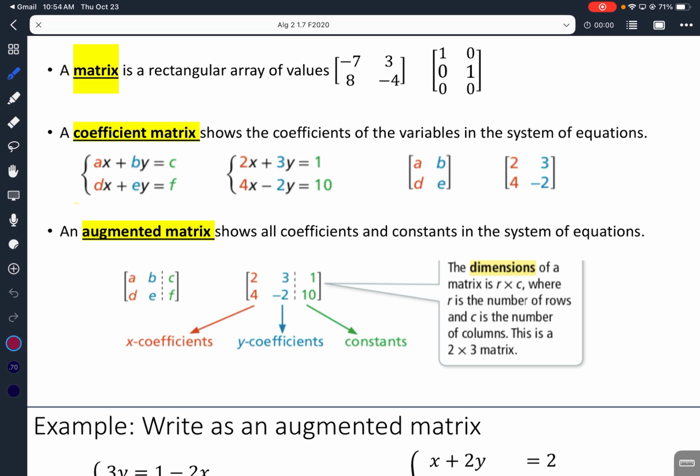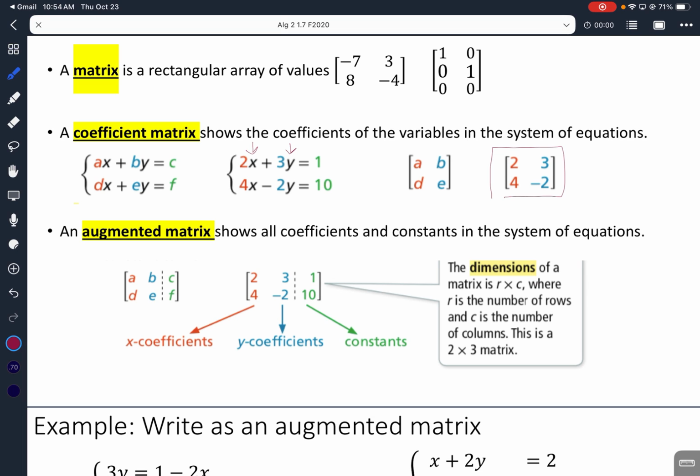Okay, so a coefficient matrix is a matrix that is full of coefficients with no variables. So if you look before you start writing, I'll give you time to write. I have a system down here that's AX plus BY equals C, DX plus EY equals F. You notice that the X and the Y are lined up. And then we have the coefficients, which is just 2, 3, 4, -2.